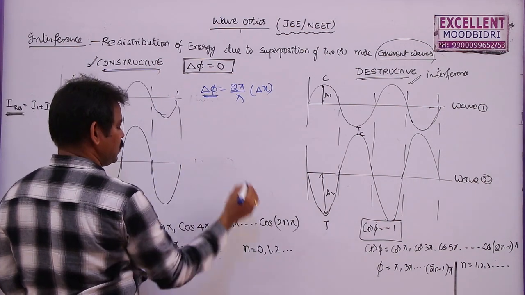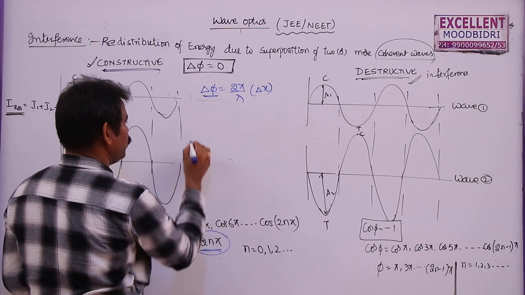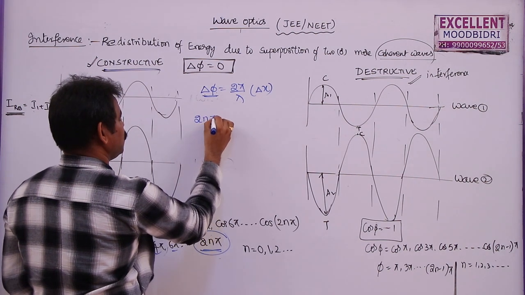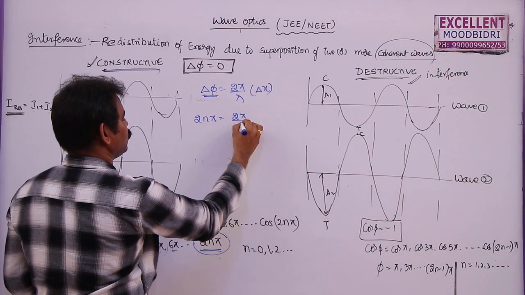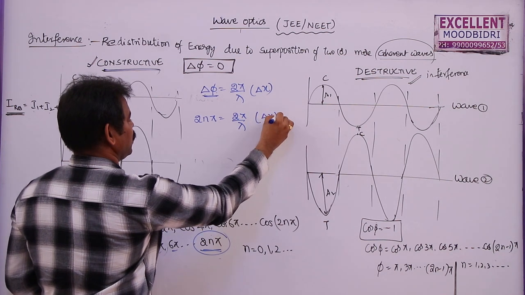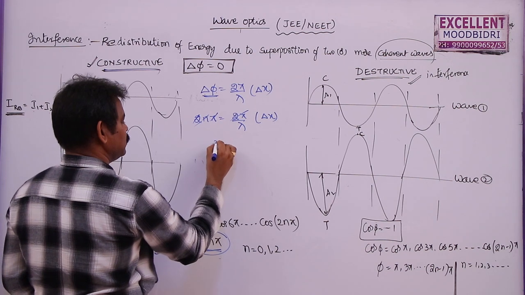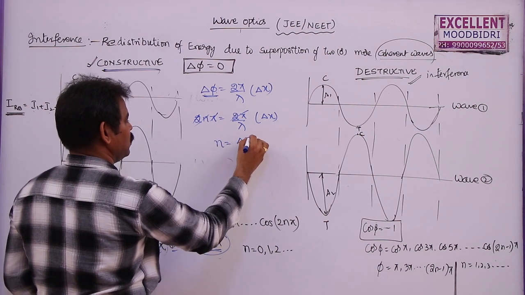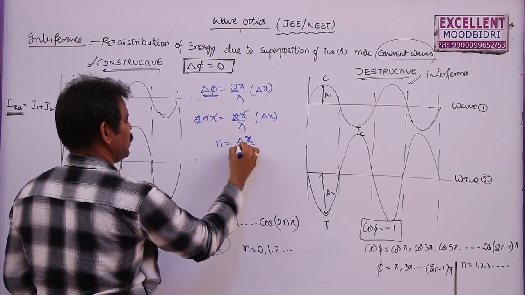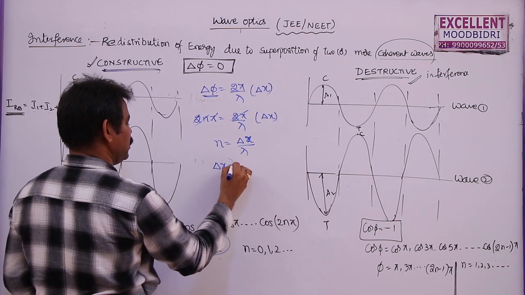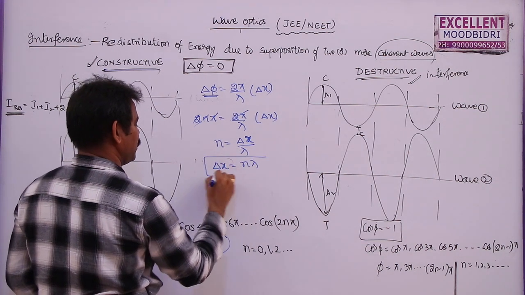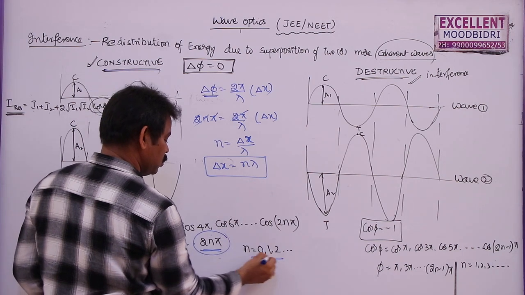So in place of delta phi, let me write 2n pi. So 2n pi is equal to 2 pi by lambda into delta x. The 2 pi gets cancelled here. So n is equal to delta x by lambda. So delta x is equal to n lambda, where n is equal to 0, 1, 2, 3, 4, and so on.